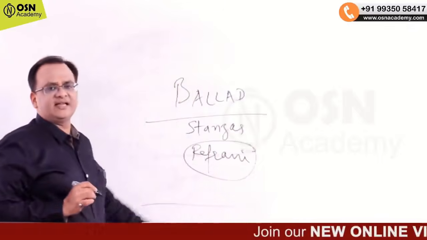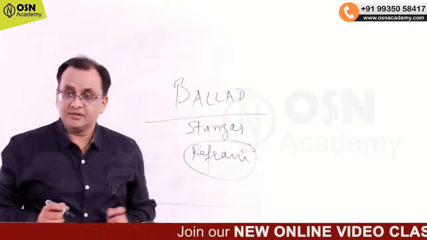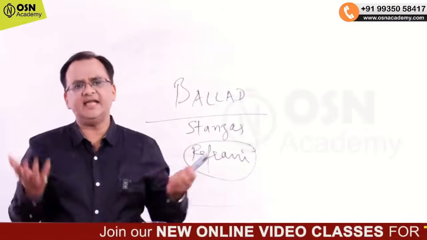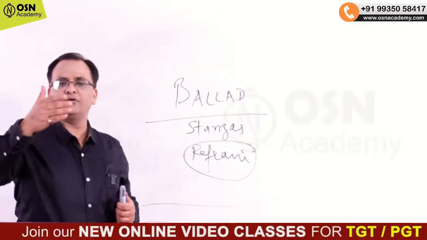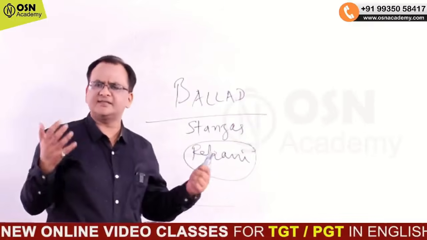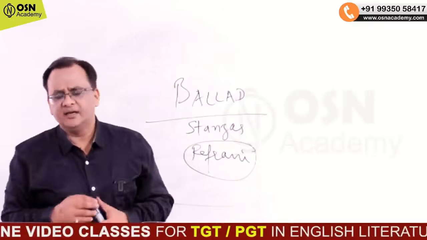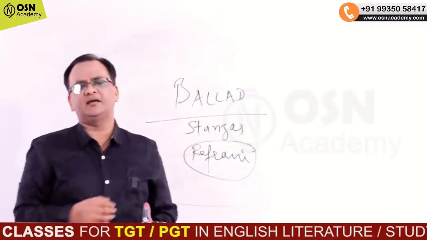It is known for its stanzas and refrain, and most of the fascinating tales are in the form of ballads. जितने भी आप टेल्स देखते हैं जो हमें बहुत फैसिनेट करते हैं वो हमेशा आप देखेंगे कि बैलेड के फॉर्म में लिखा हुआ है.